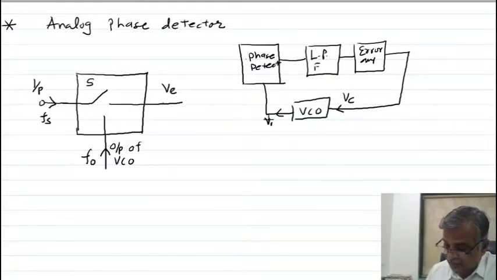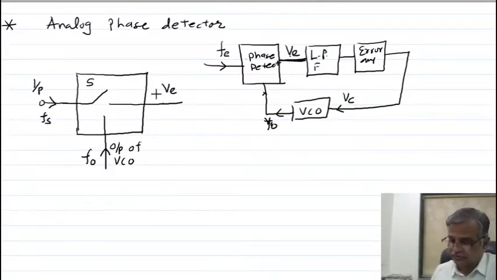Here you can say FO. This is the input signal FS, and this will give some output VE, the error voltage.